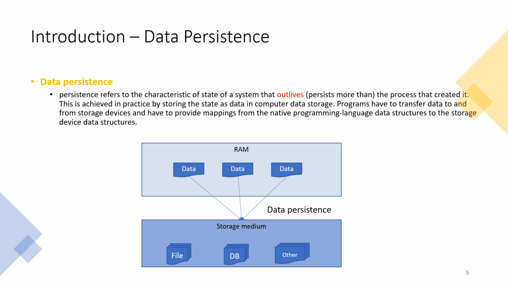Regular process data are stored in the RAM, and those data will be lost when you power off or when your process is ended. However, the data persistence process tries to make the data stored either locally or remotely. Locally, we can have files, a database, or another format to store the data.